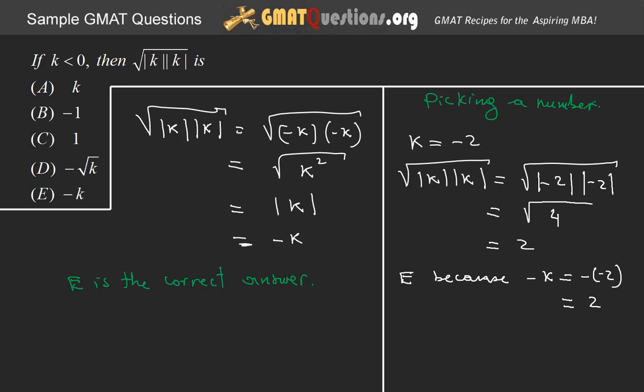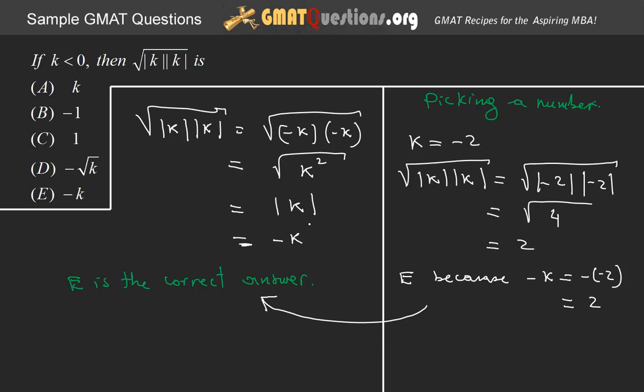So we can see that E is the only one that matches what we found by picking a number. So this reconciles the two different methods. And once again, the correct answer is E.